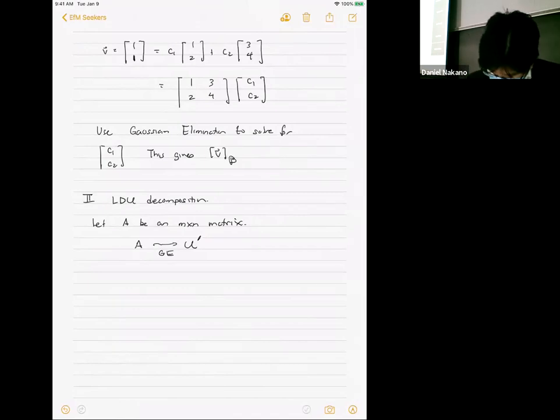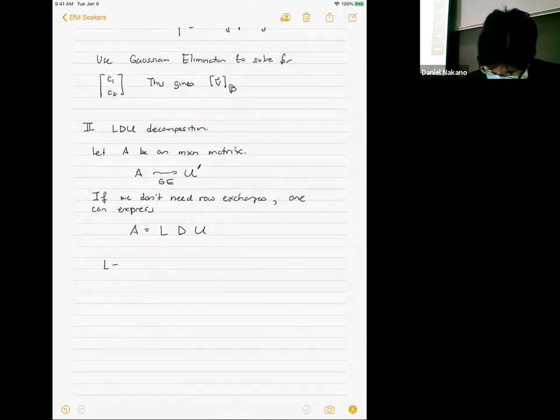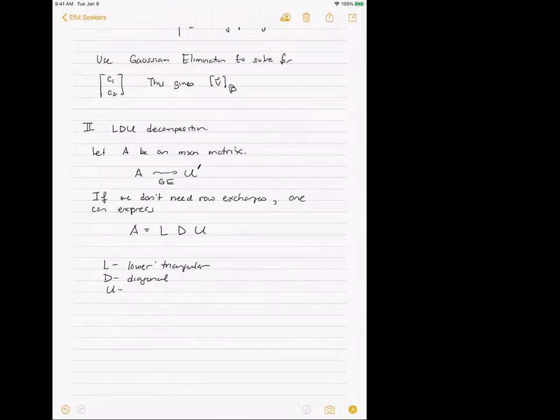If we don't need row exchanges, one can express A as LDU, where L is lower triangular, a product of elementary matrices, D is diagonal, and U is in reduced upper echelon form.